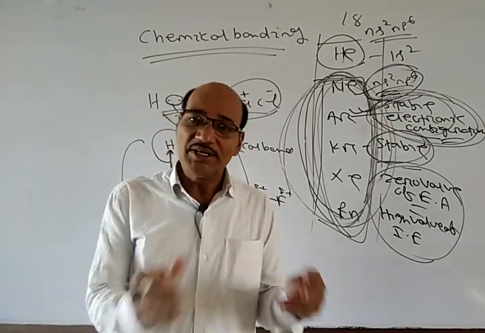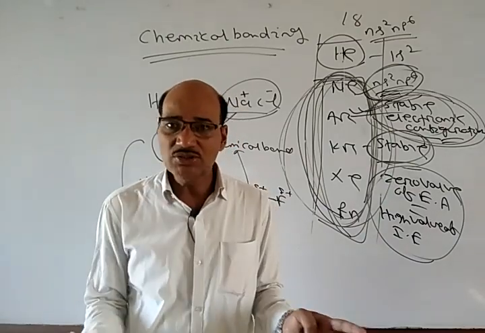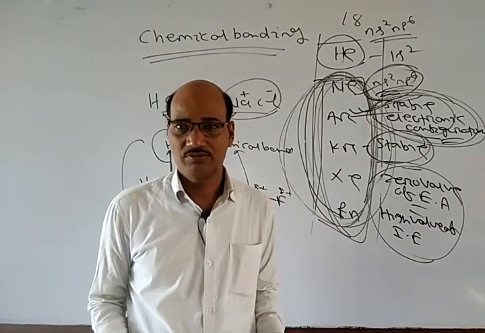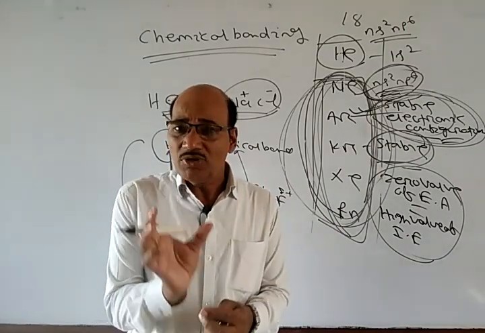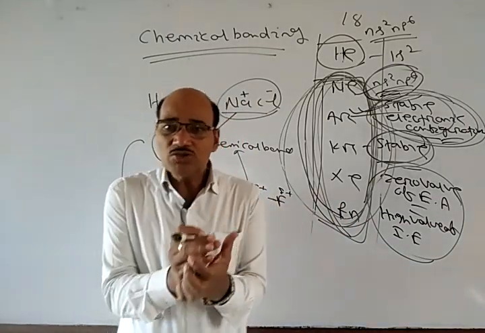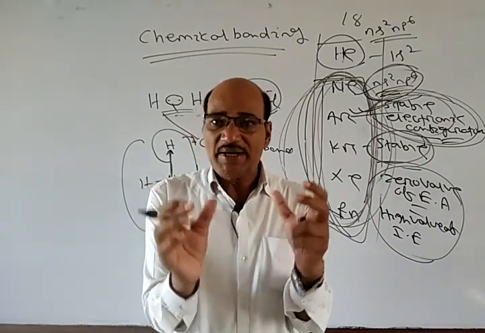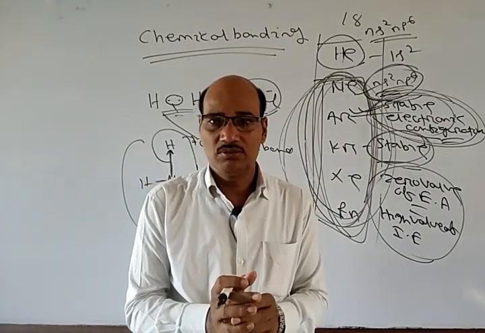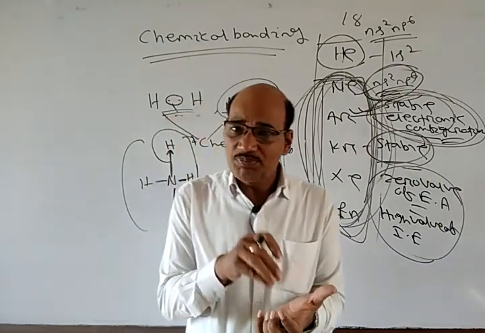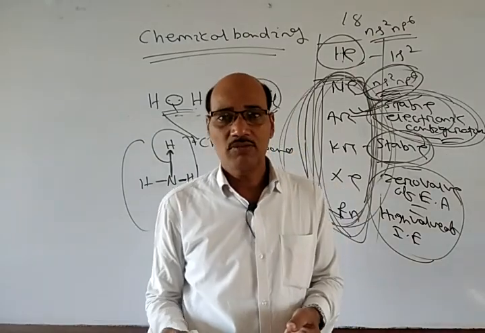So we have different kinds of force of attraction between ions, between atoms, or between molecules, and these forces are binding these species. So those forces which bind the constituent particles in a molecule are called what? A chemical bond.